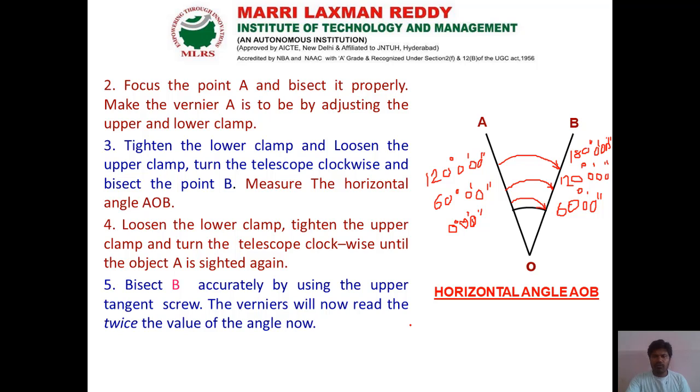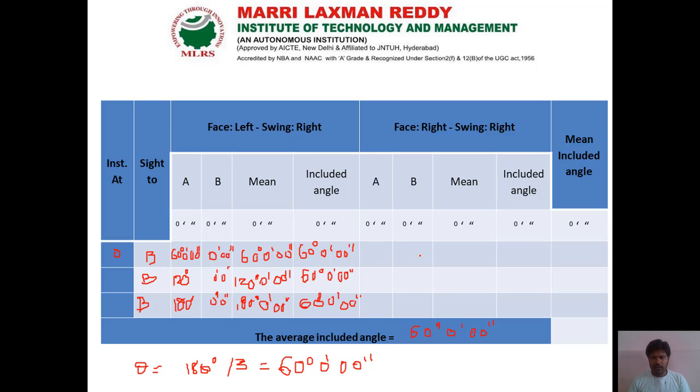After that, whatever procedure I have set to calculate the angle has to be done the same way. After getting the face right observation, by taking the average reading we can get the horizontal angle. Here it is 3 times and here it is 3 times, so 6 times we have done it to calculate the horizontal angle, so that whatever angle we get is an accurate value.